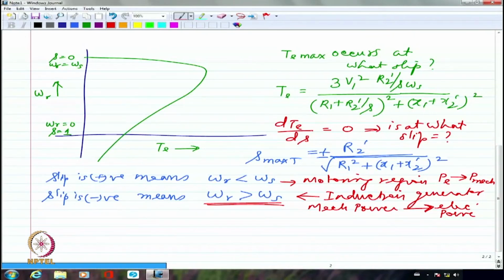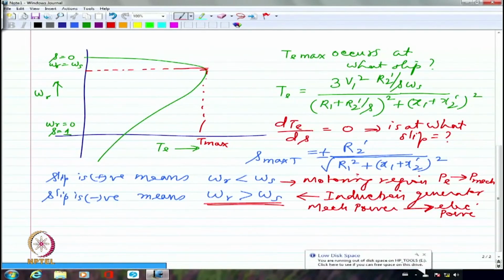So, now this point which probably corresponds to the maximum torque, we will again calculate by substituting this slip value into this. If I substitute this maximum slip value into the torque expression, I will get the maximum torque.